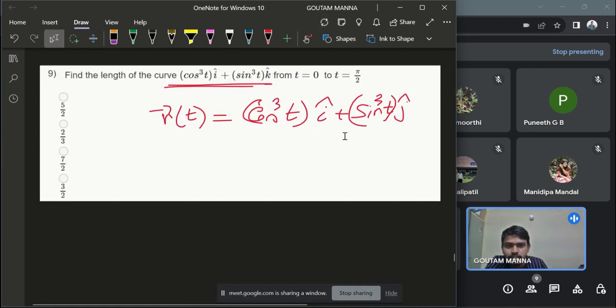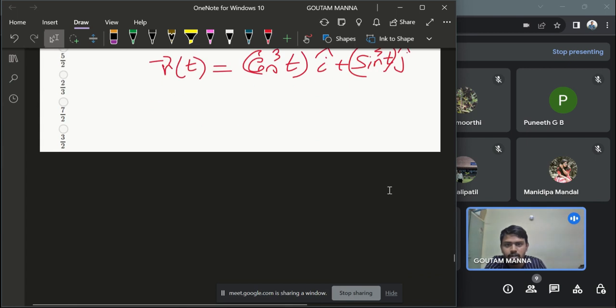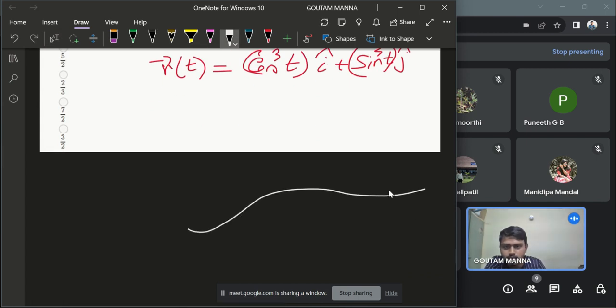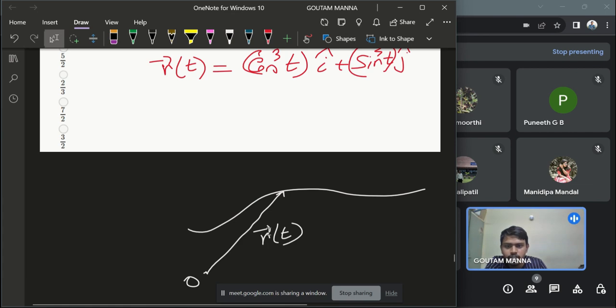So as we change t, for example, let's say we have a curve, and this is the position r vector, this is the origin, and it's a function of t. T is the parameter.